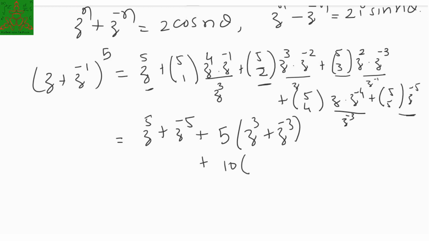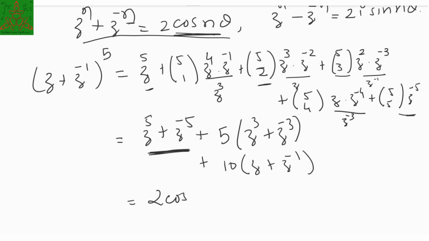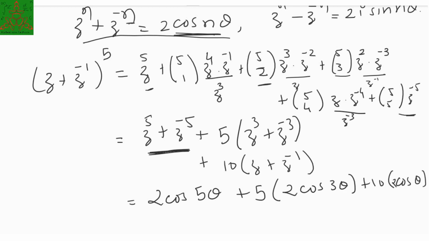So it is 10 into z plus z raised to minus 1, and due to this we can write here, this is z raised to 5 plus z raised to minus 5, so n equal to 5 in this case. So we have 2 cos 5 theta plus 5 into 2 cos 3 theta plus 10 into 2 cos theta.